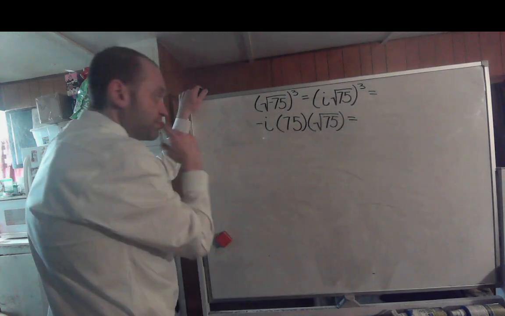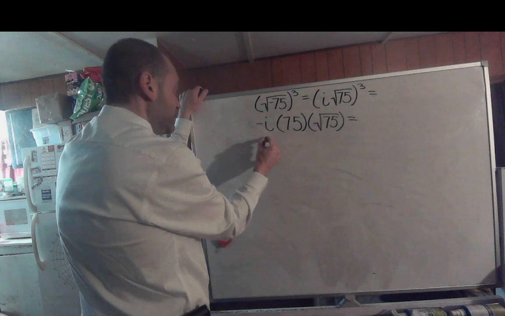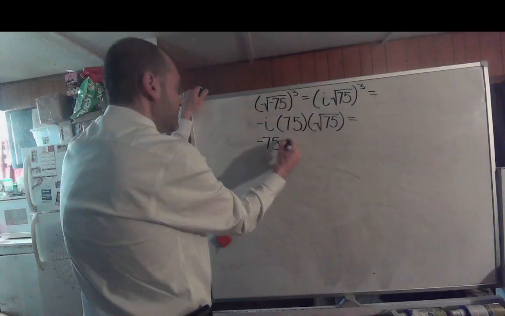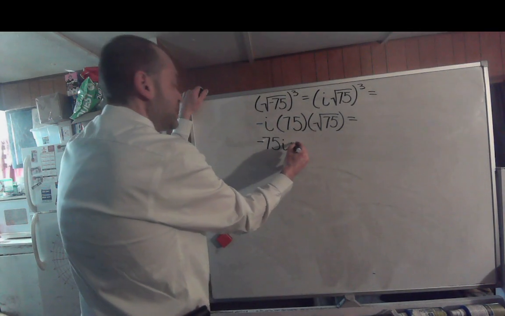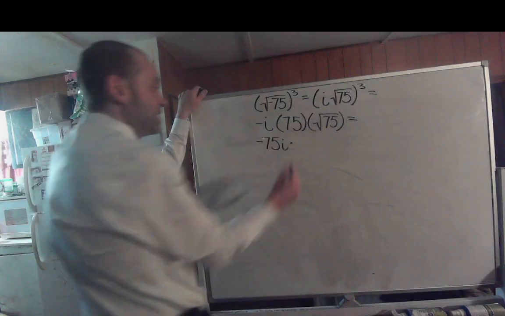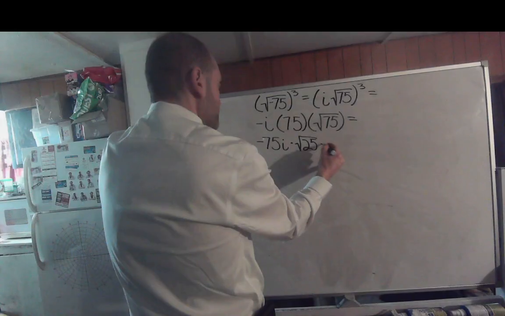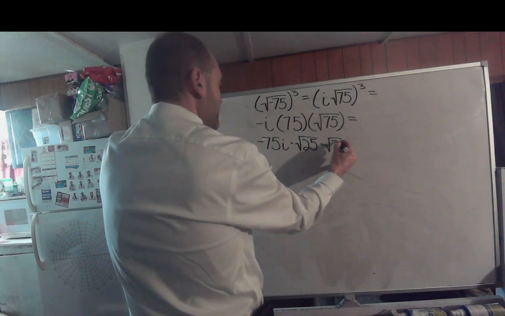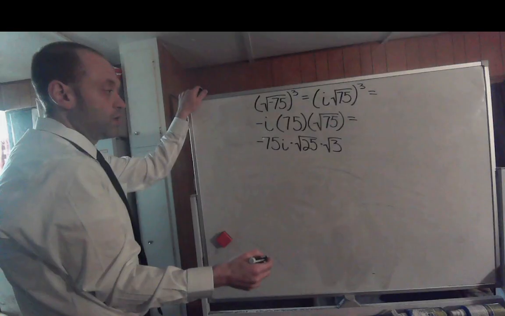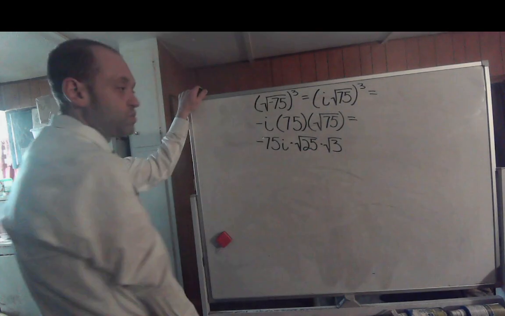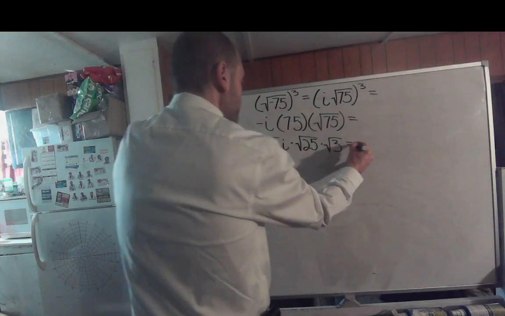So this would end up then turning into negative 75i times, now what's the square root of 75? That's the same as the square root of 25 times the square root of 3, right? All right, so what is the square root of 25? That's just 5.